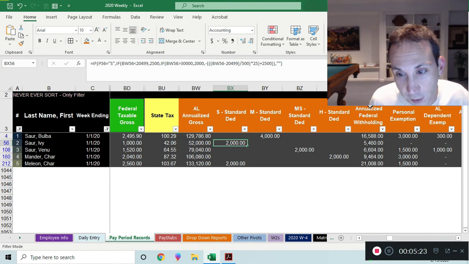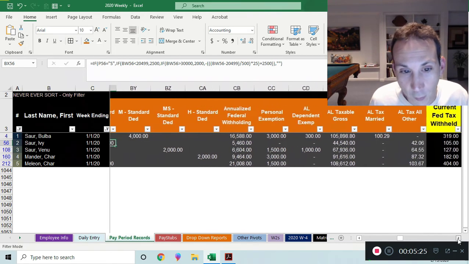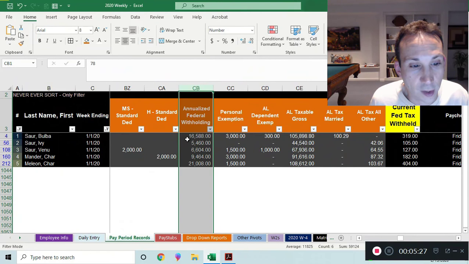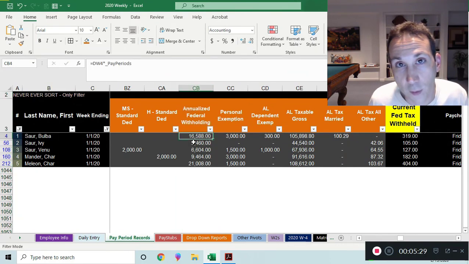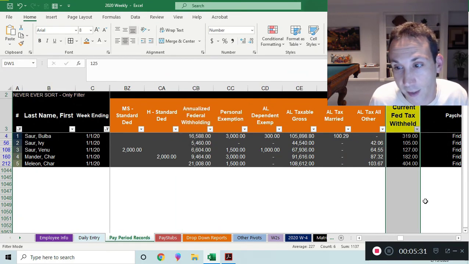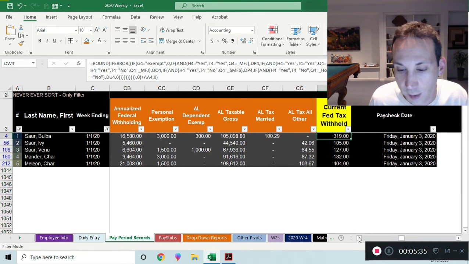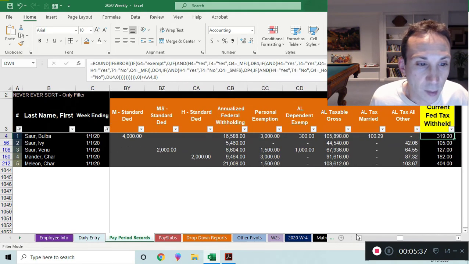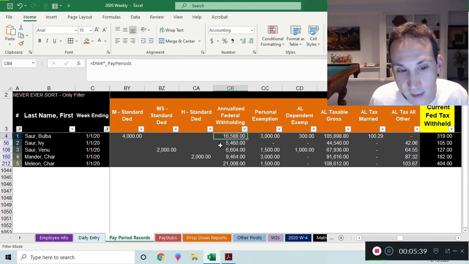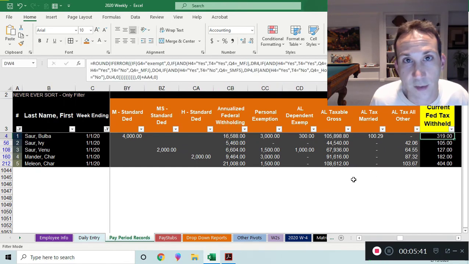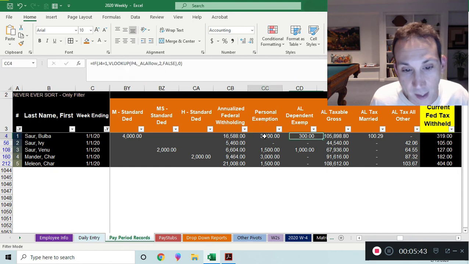Well, after you do those 4, then there's more to do. They want to know what your annualized federal withholding was already. Luckily, we have that in the file right over here as the current federal tax withheld for the pay period already. They want to annualize that. So they want to multiply this number times the number of pay periods in the year. Then they want to know whether or not you're taking your personal exemption.